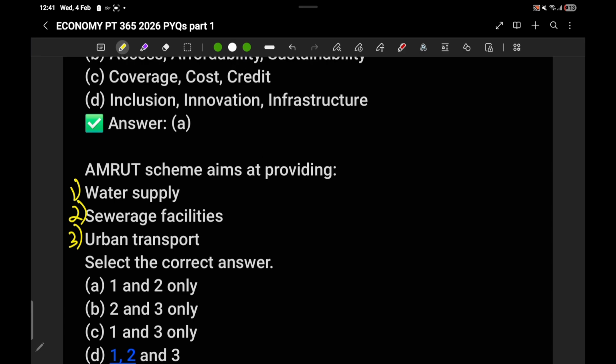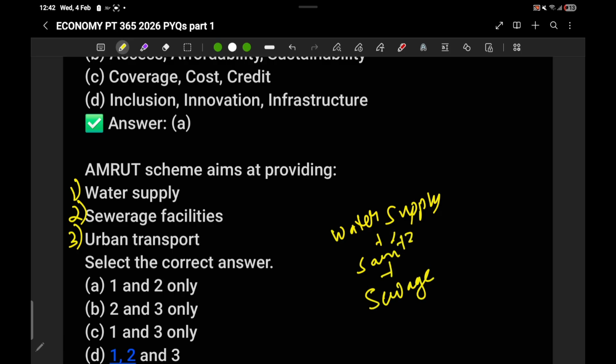We have seen that the AMRUT scheme mainly focuses on regular water supply to households, sanitation, and sewage treatment. So options 1 and 2 are correct. It neither speaks of nor relates to any kind of urban transport. Just remove this option and you will directly get options 1 and 2.